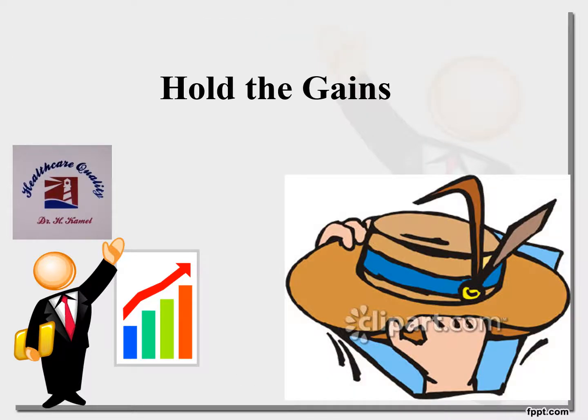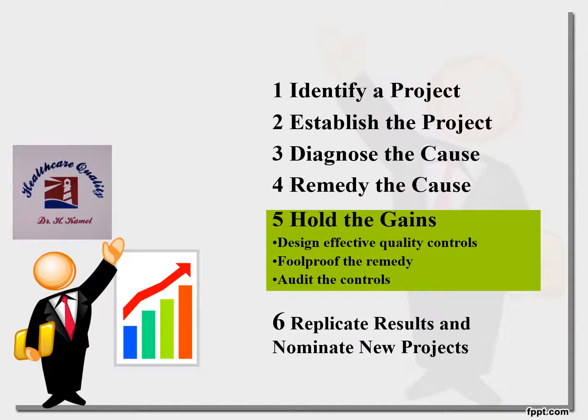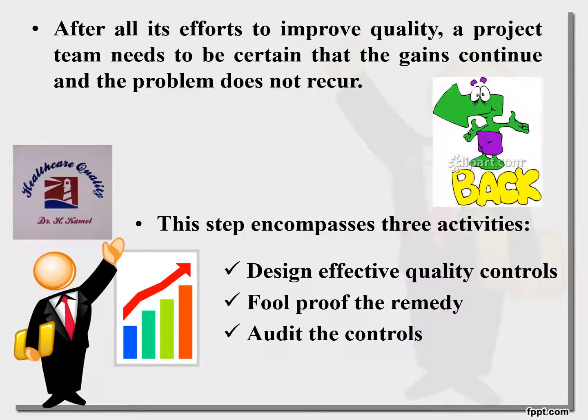Hold the gains. In this step, we have to design effective quality controls, foolproof the remedy, and audit the controls. After all its efforts to improve quality, a project team needs to be certain that the gains continue and the problem doesn't recur.